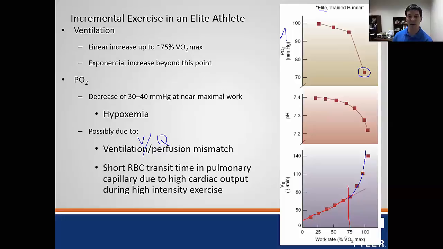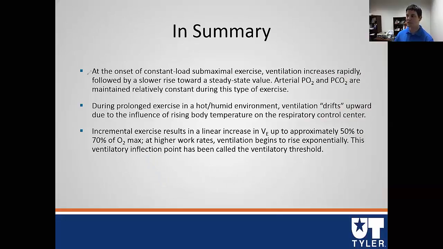So in summary, at the onset of a constant load, submaximal exercise, less than 50%, below lactate threshold, which would also, as we now know, be less than the ventilatory threshold, ventilation increases rapidly, reaching steady state in about 2 to 3 minutes, as we've seen in the other variables such as cardiac output and aerobic metabolism.